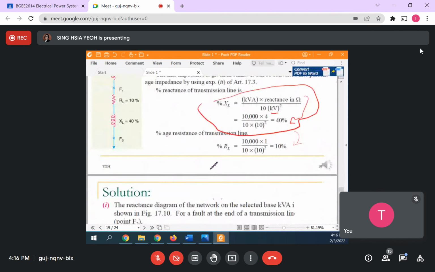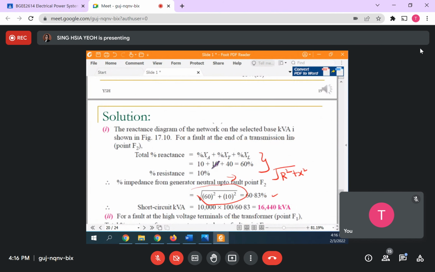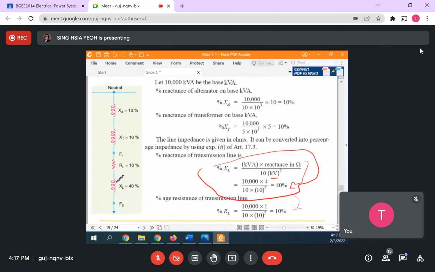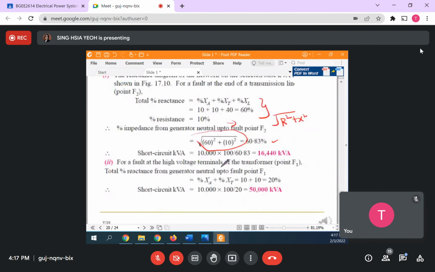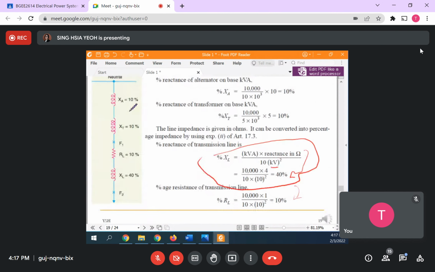For a fault at F2, you square all of them, add them, then take the square root to get the total impedance. Then substitute 10,000 base times 100 divided by this percent X value. If the fault occurs at F1, you only need these two.